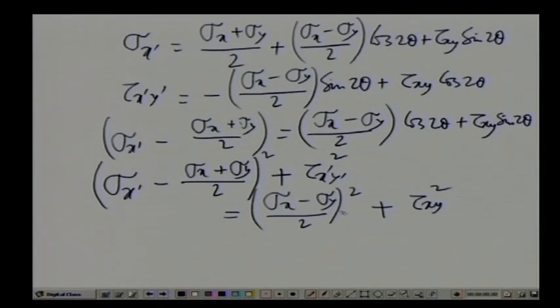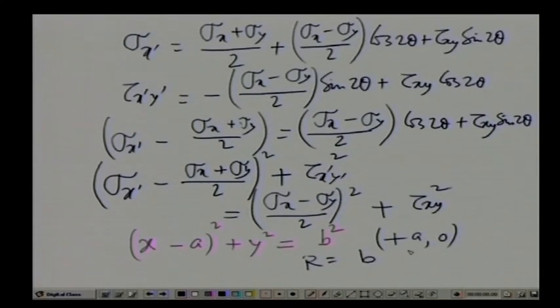This particular equation can be represented as (x minus a) squared plus y squared is equal to b squared, and this is a well known equation, that of a circle, where the center of the circle lies at the coordinate (a, 0), and the radius is equal to b, and x represents sigma x dashed and y represents tau x dashed y dashed.